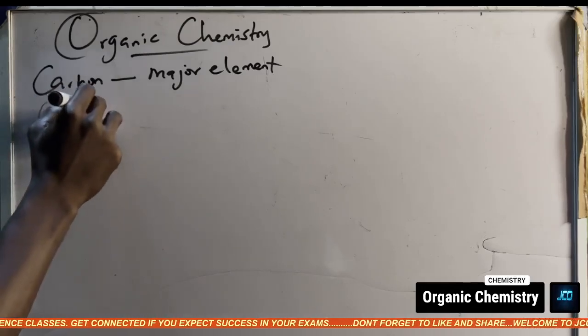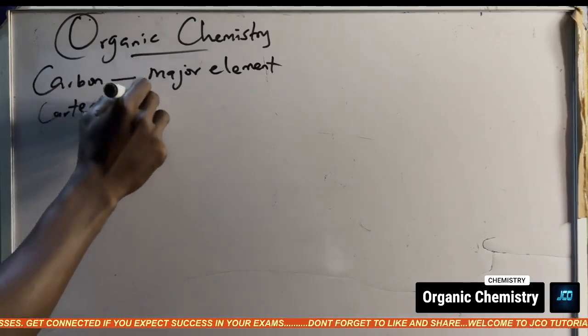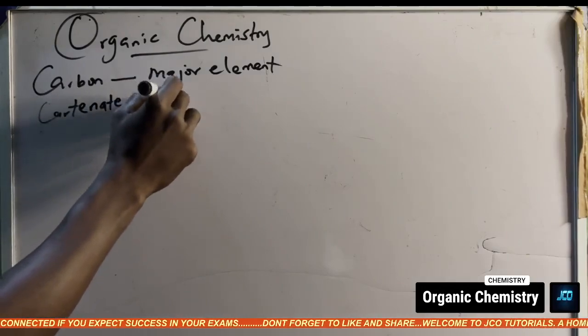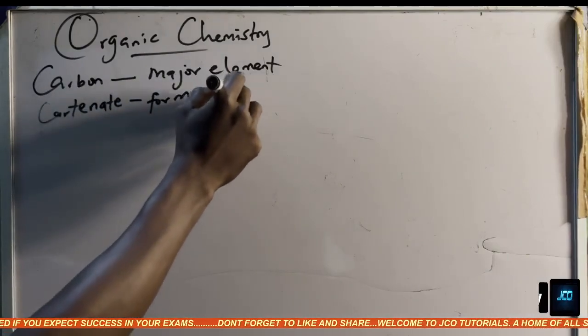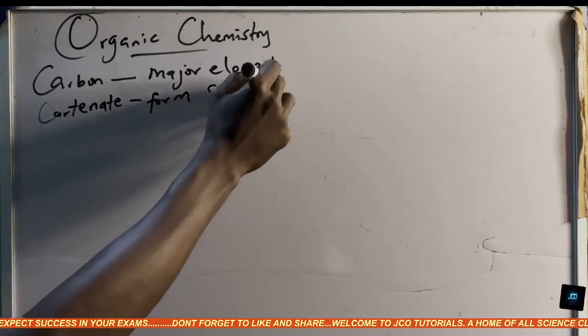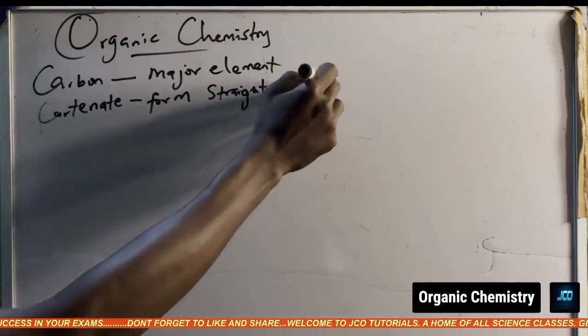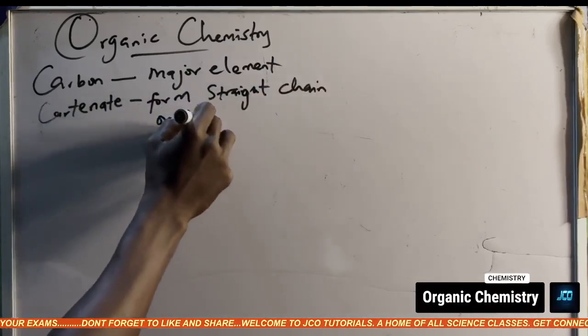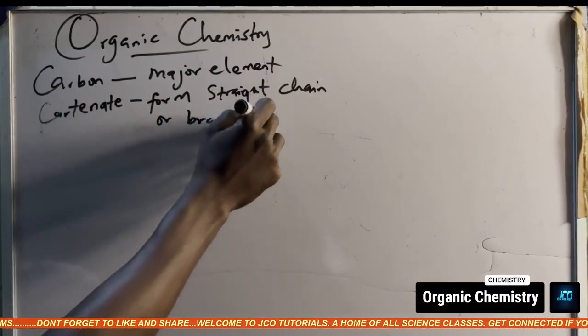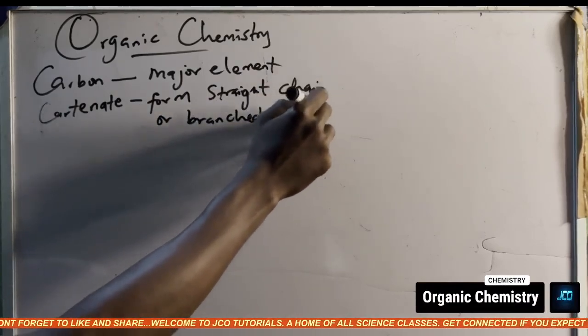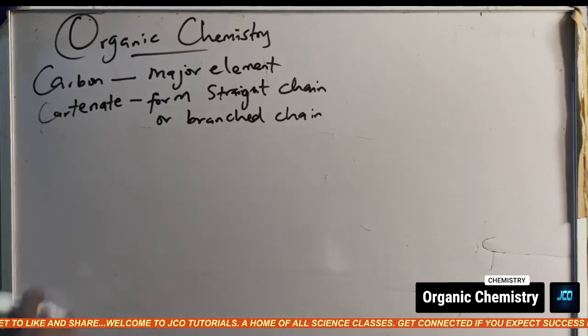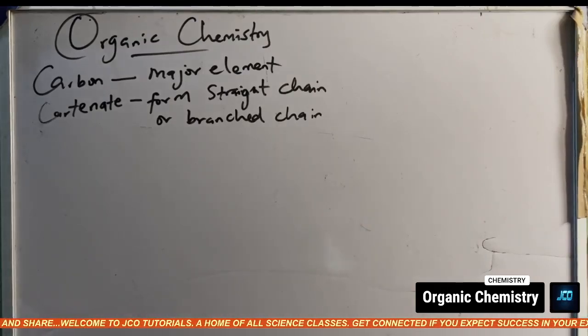What do we mean by catenate? Catenate means the ability to form straight chain or branched chain. Carbon has the ability to form straight chain or branched chain. That's the meaning of the word catenate.